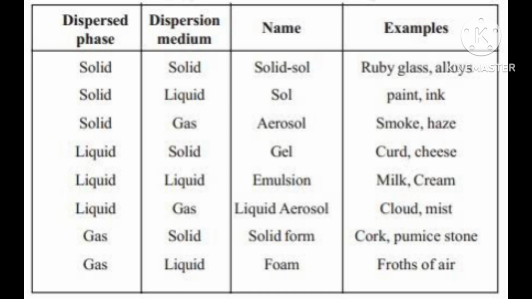Its example is fog, which you might have seen in winter. Here a small amount of liquid is mixed with gas. That is called fog. The second example is mist, M-I-S-T. The third example is cloud.